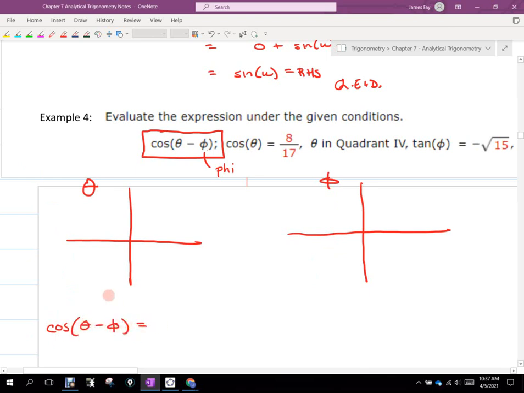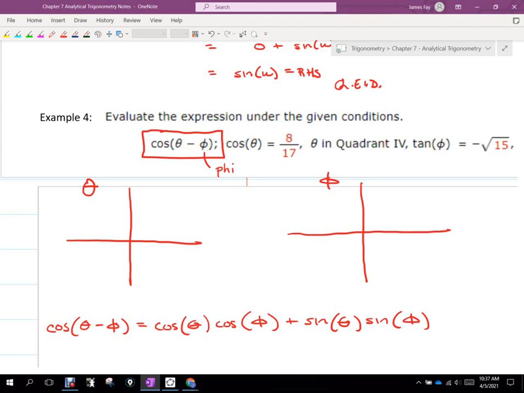Well, that's a difference. So that's going to go cosine theta times cosine phi plus sine of theta times sine of phi, right? So now we're looking at that expanded side, cosine theta, cosine phi, plus sine theta, sine phi. Do you know cosine theta?